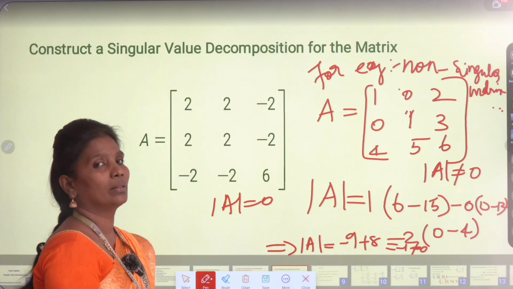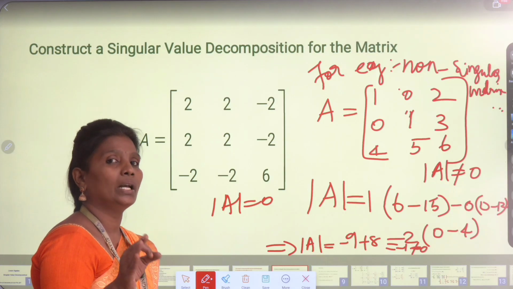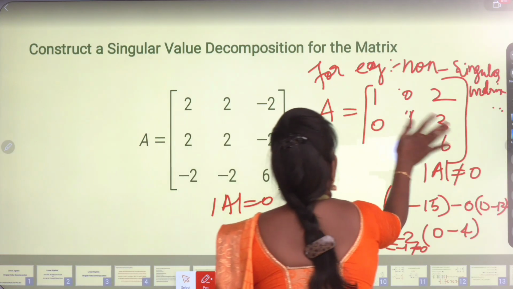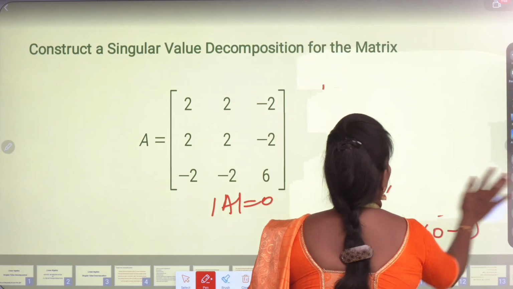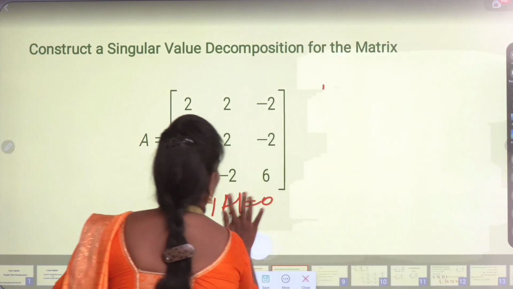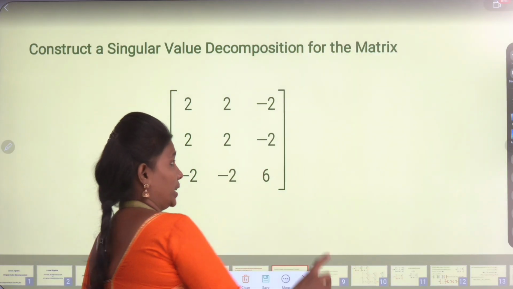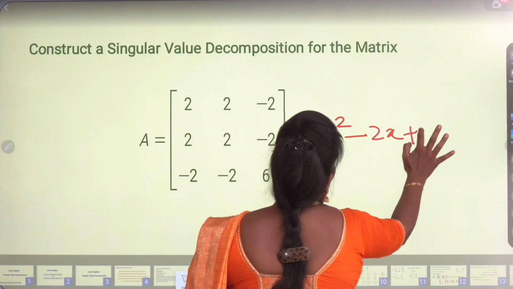Here it is a 3 cross 3 matrix, so we have 3 eigenvalues. Suppose you solve a quadratic equation, x square minus 2x plus 3 is equal to 0.